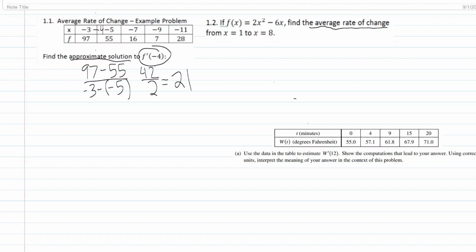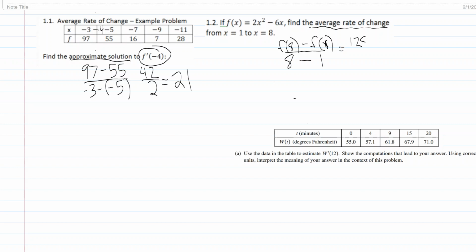So what we're going to need is y2 and y1 and x2 and x1. Well, we already have x2 and x1 here. That's 8 and 1. Those go on the bottom. And now I just need f of 8 and f of 1. So I'm going to figure these out. F of 8 is 2 times 64, which is 128, minus 48.